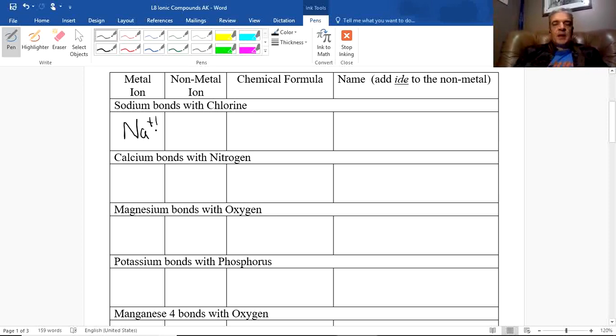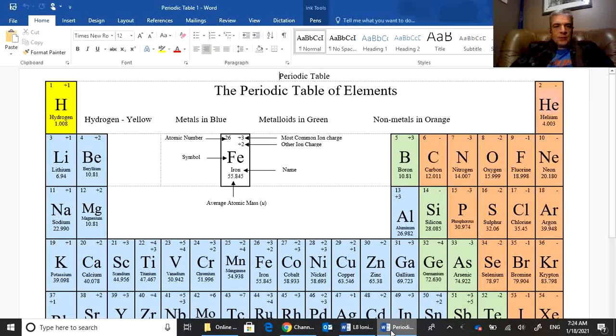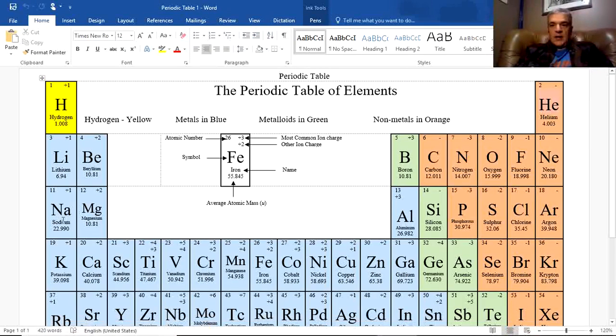Then it's going to bond with chlorine, and you'll notice that chlorine is the nonmetal. Sodium is clearly the metal over here. Chlorine is way over on this side of the periodic table. It's the nonmetal. So it's -1. And you can see the -1 here in the upper right corner.